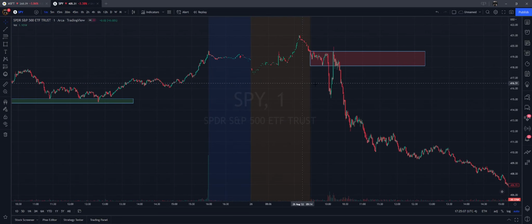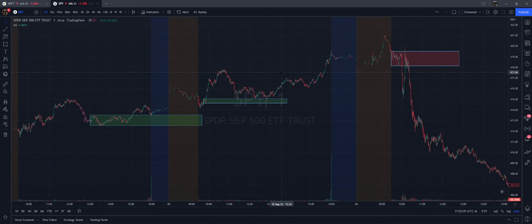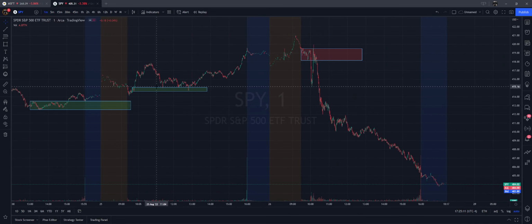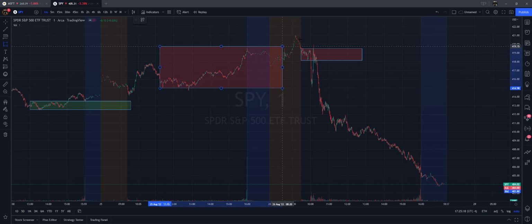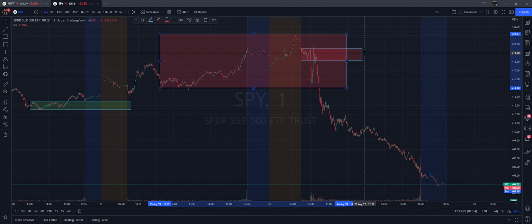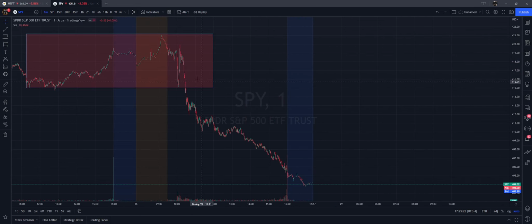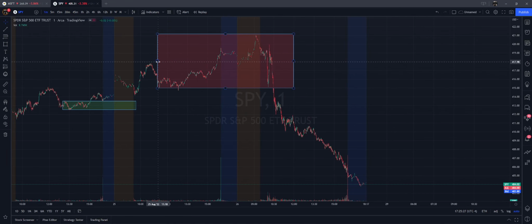Now in a bigger time frame we see that this is the range right here. So this is a 1 minute time frame, but in a 5 minute or 15 minute time frame we know that this is the range right here, and now it broke down out of this range.